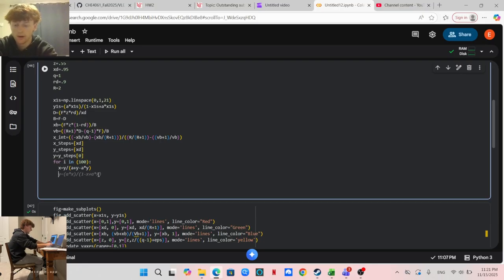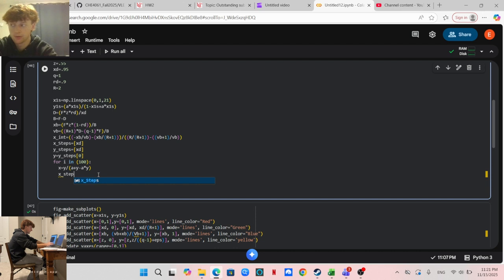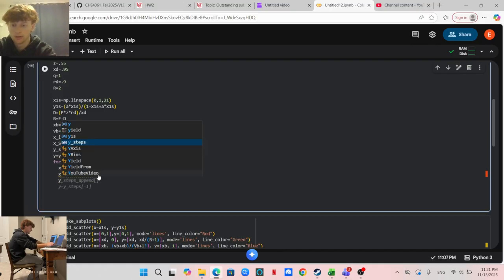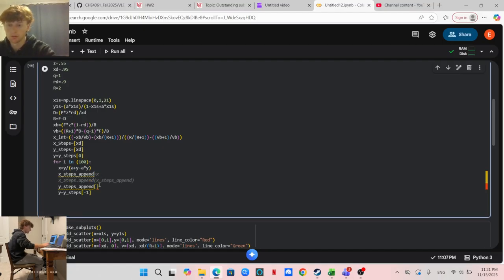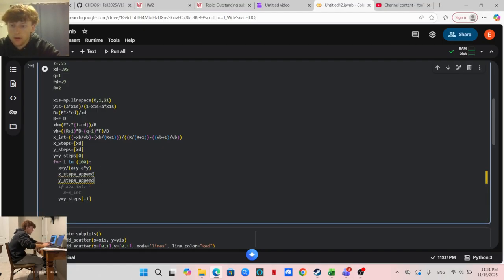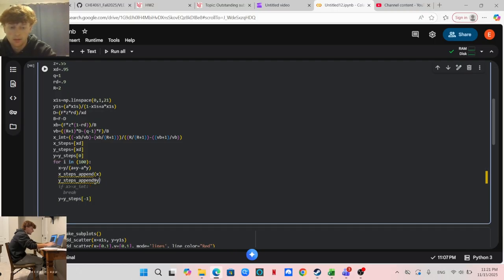Okay, and then we want our x_steps to append, and then we want y_steps to append. Okay, we don't need brackets there. This will be x, and this will be y.